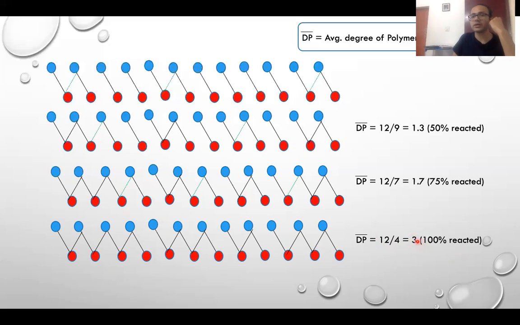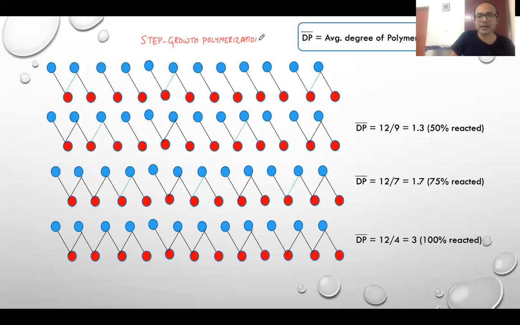Now you know how to calculate the degree of polymerization. What I have shown here is the calculation of the average degree of polymerization for step growth polymerization.